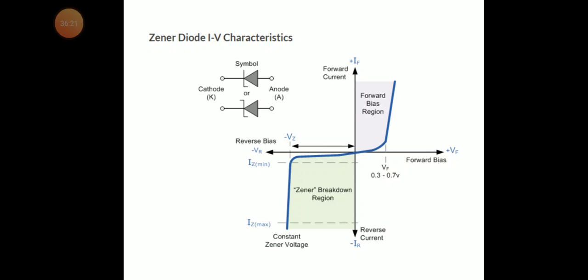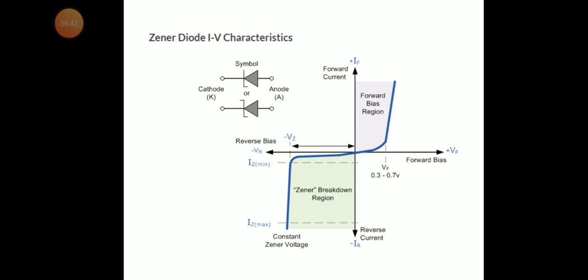Depending on the doping and conditions, Zener diodes can have different Zener voltages. The PN junction diode has a forward voltage of 0.3 or 0.7, after that it conducts.